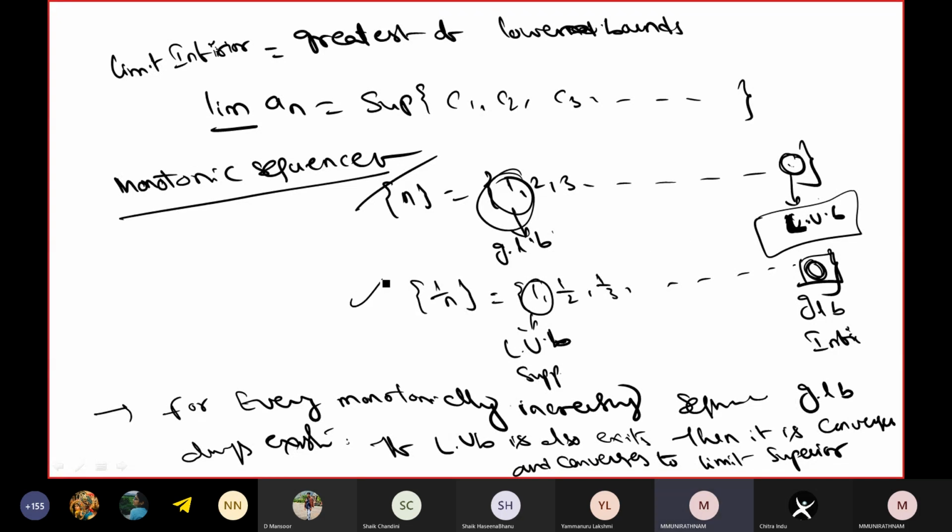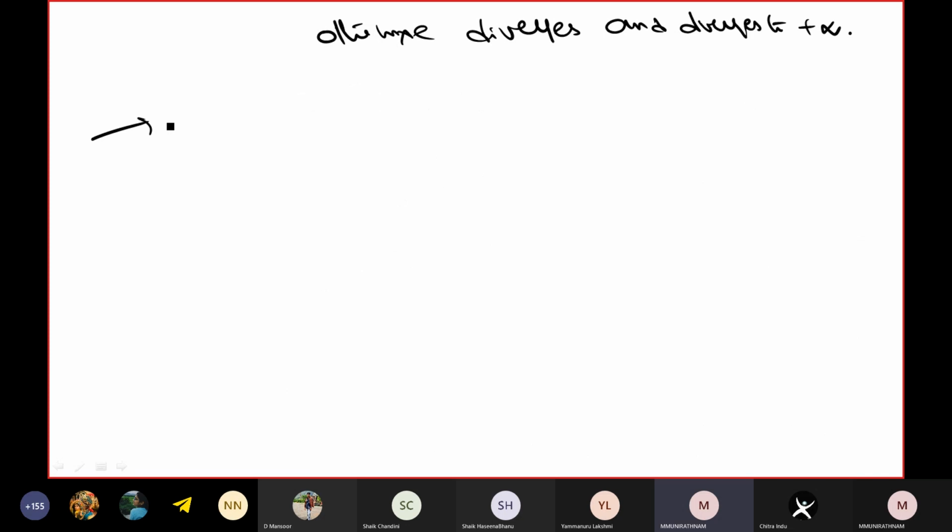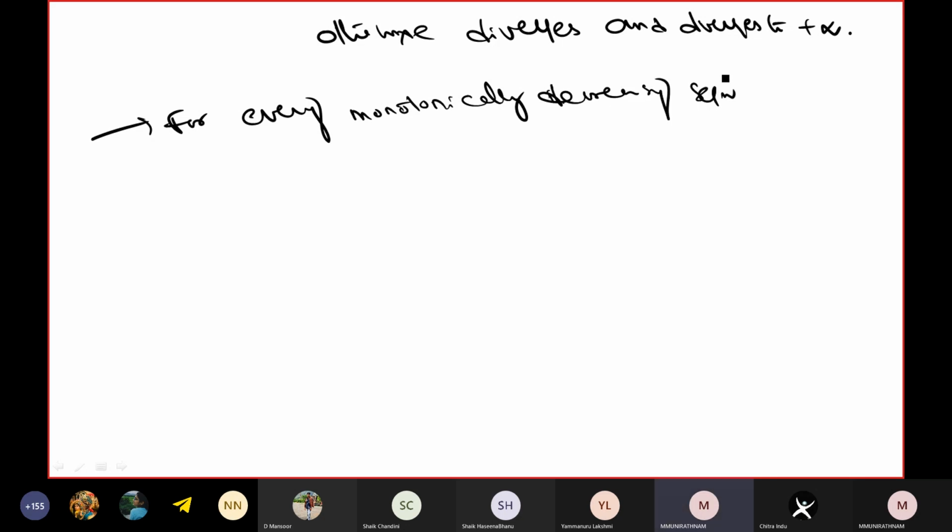Similarly, we will write for decreasing. For every monotonically decreasing sequence, the least upper bound LUB always exists.